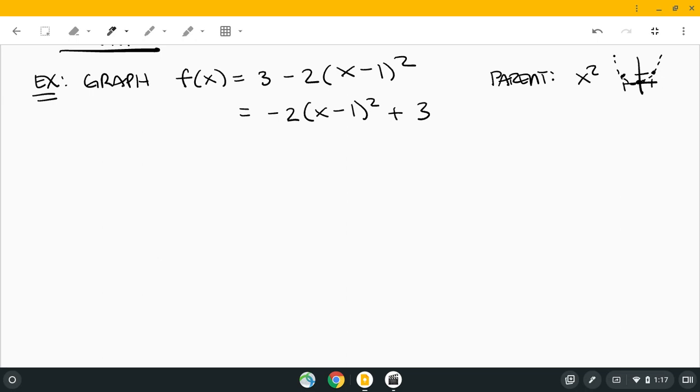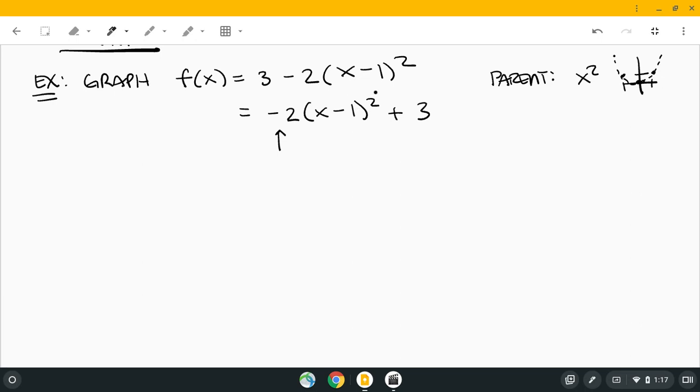Two things are going to be happening here with this -2. Number one, the negative will reflect it over the x-axis. The 2 will give it a vertical stretch.